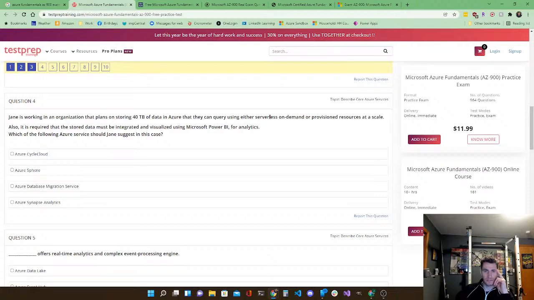So yeah, serverless, you can have kind of that on-demand and it's scaling versus a more provisioned thing where it's like a set resources and it might have an app service behind it. Also, it's required that the stored data must be integrated and visualized using Microsoft Power BI for analytics. Which of the following Azure services should Jane suggest in this case?